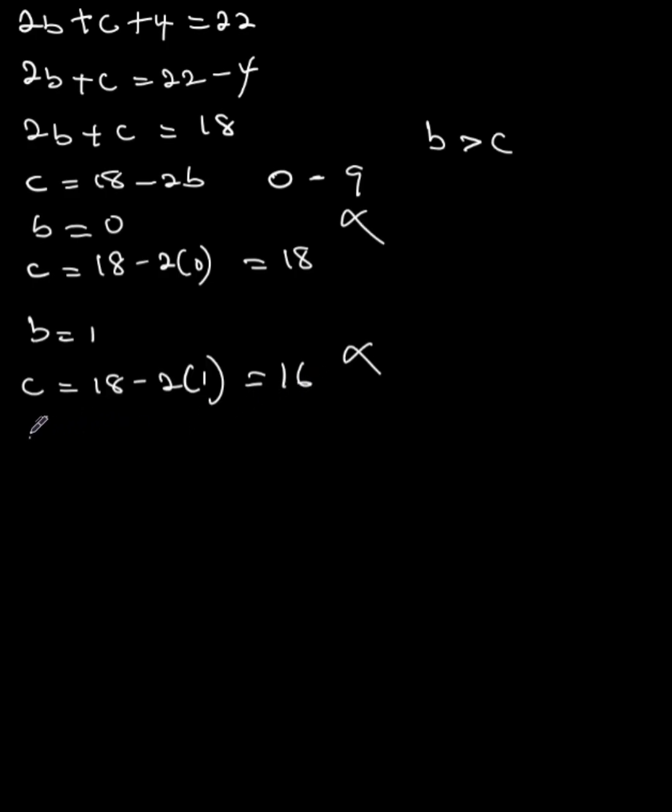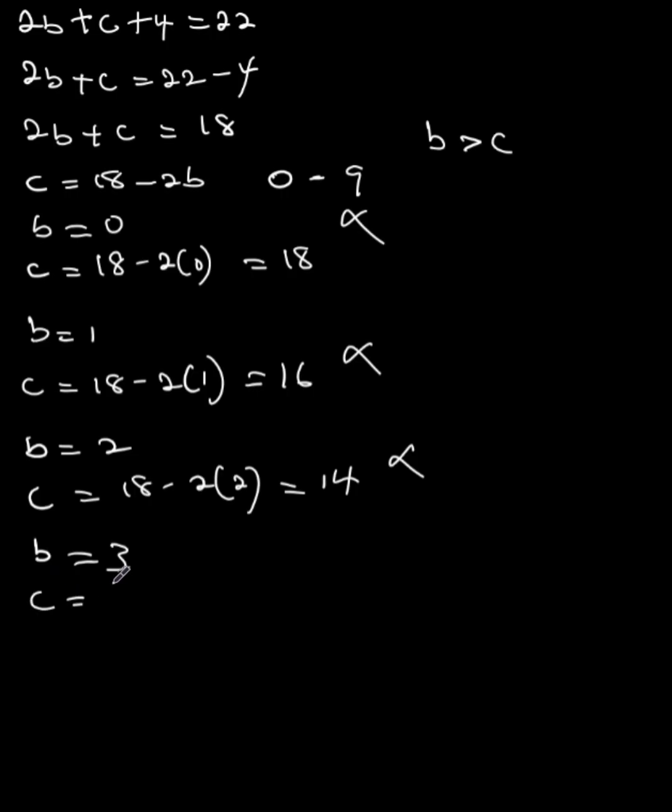Now, we assume B equals 2. We have C equal to 18 minus 2 times 2, which is 14, because 2 times 2 is 4 and 18 minus 4 is 14. B is still less than C, so B cannot be 2. Let's assume B equals 3.